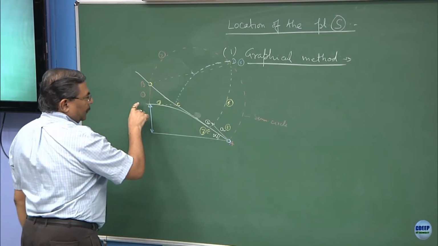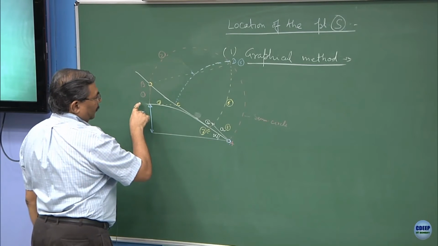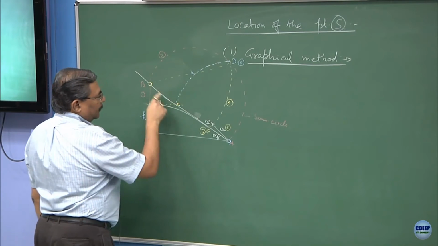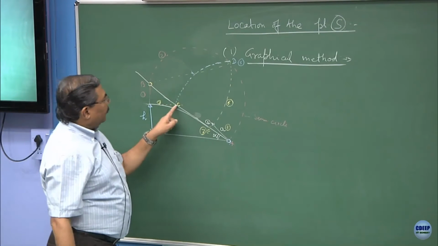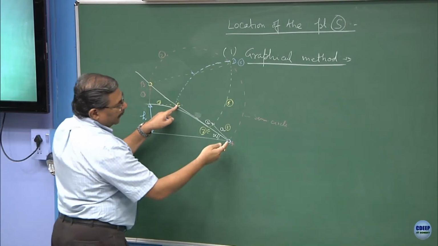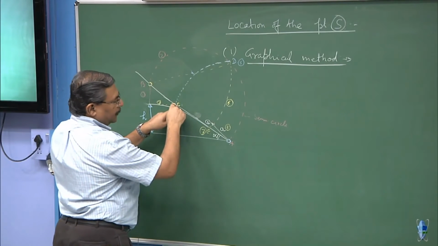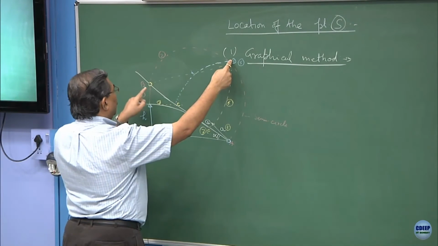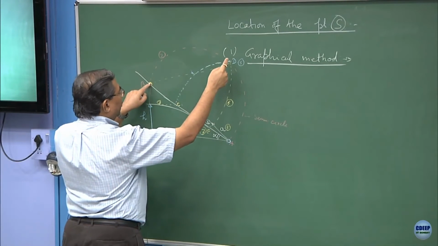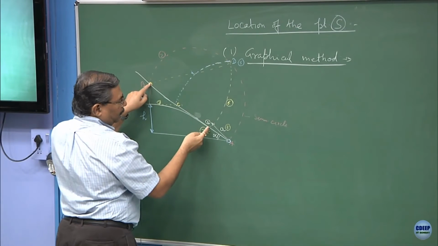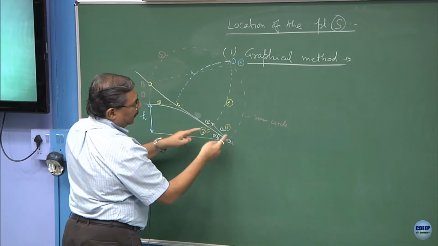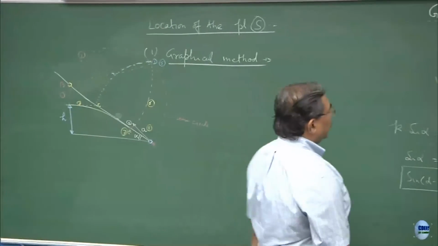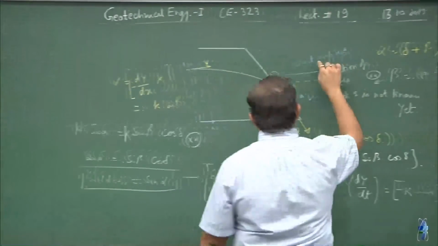Extend the tangent drawn to the top phreatic line wherever it cuts the inclined surface, point C. Take A as the center, AC as the radius, get point D. B as the center, DB as the radius, get point E. AE corresponds to a, and a is the location of the outcrop point.